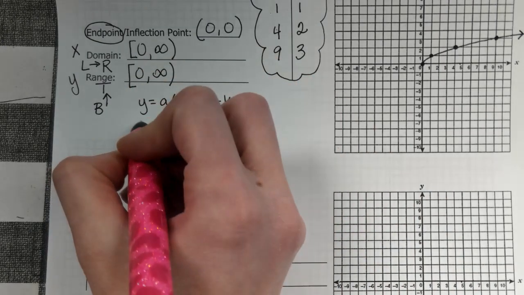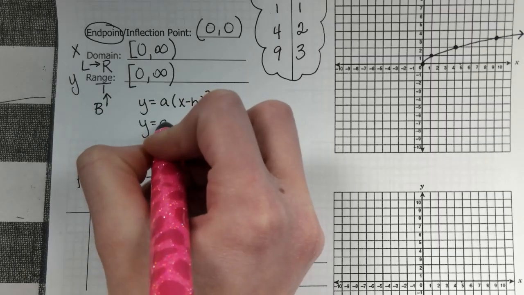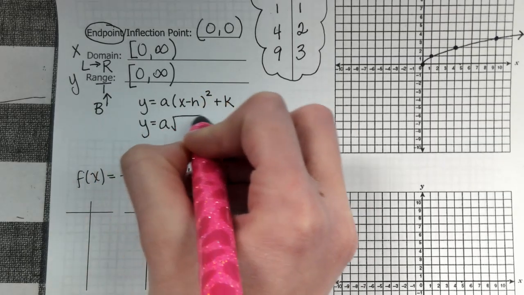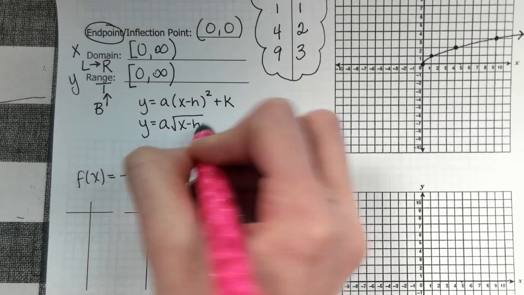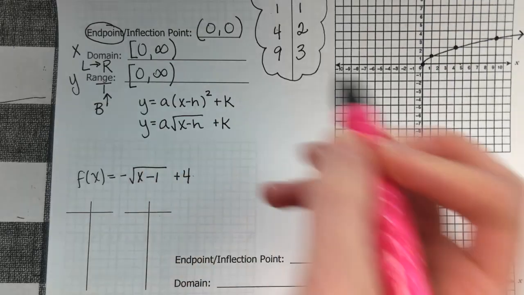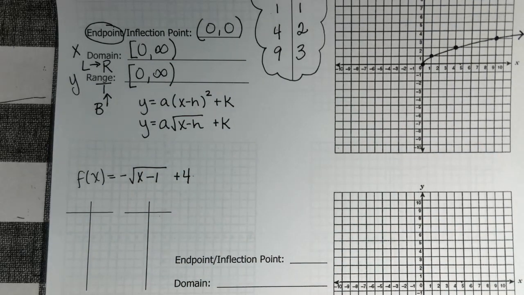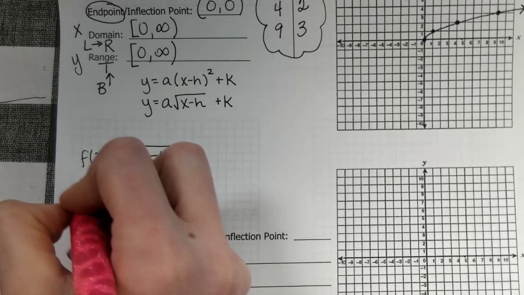Okay, so with square roots, we're looking at y equals a times the square root of x minus h, and then plus k on the outside. The transformations are still going to be the same. You just now have a square root. Okay? So my parent function, we always start with that.